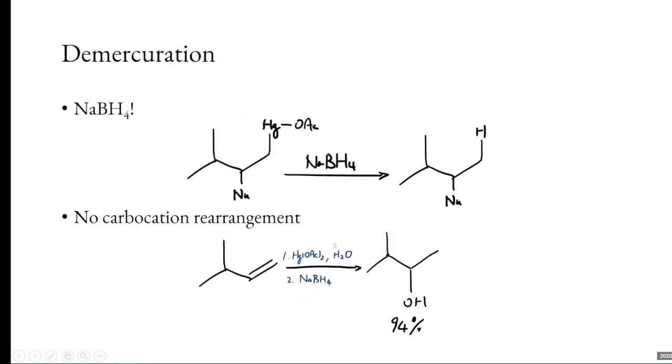To remove the mercury, we just need NaBH4, sodium borohydride, a really strong reducing agent, and then we get a hydrogen onto there. By these two steps, we have a 94% yield of just this product, with no rearrangement observed. That's so nice. We love this.